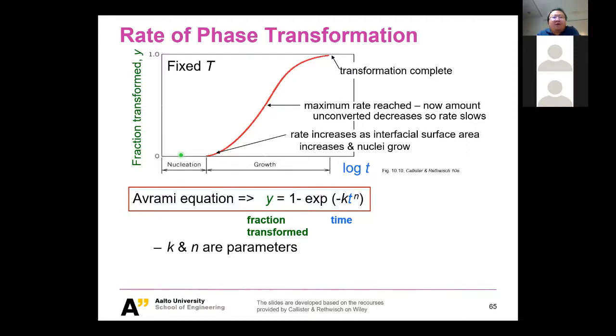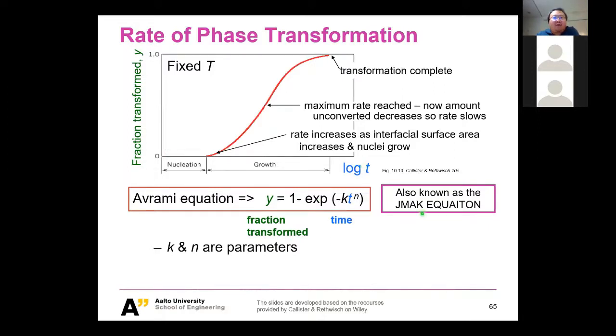The equation is an exponential and power law combination. This is also the famous JMAK equation. The A here stands for Avrami. There are also a few other people who contributed to this equation. And this equation basically describes the phase fraction that transformed with respect to time.